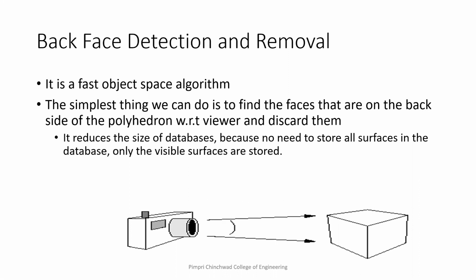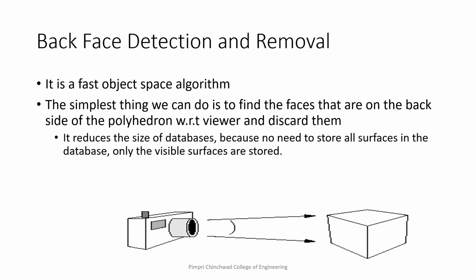This algorithm is applicable only on individual objects. The relationship between two different objects is not considered here. So this is not an algorithm which can be used on its own, but often this algorithm is used in association with other hidden surface removal algorithms.